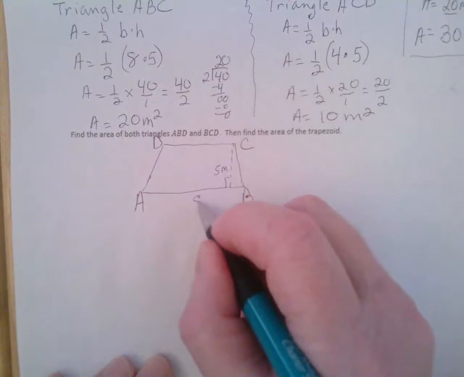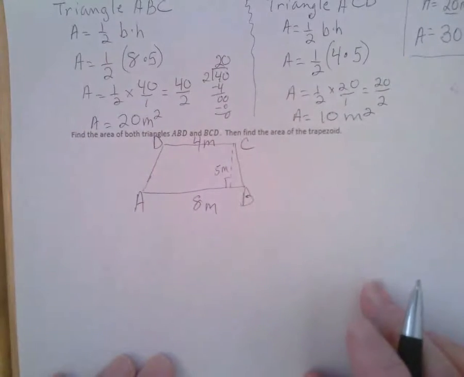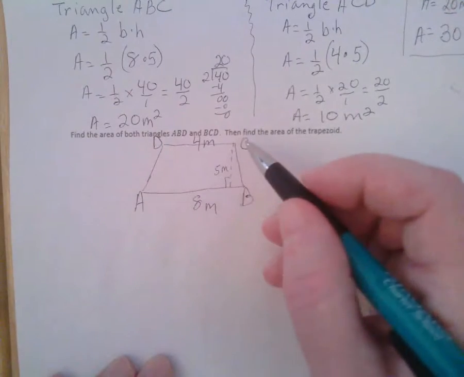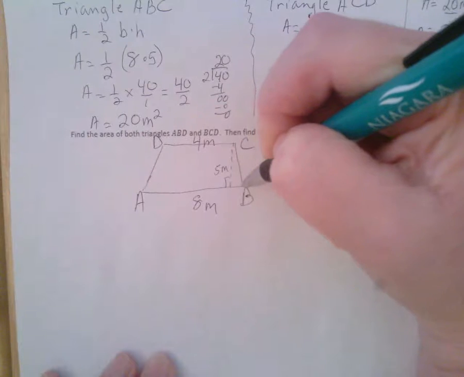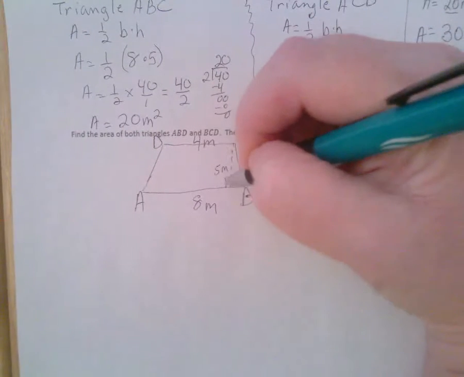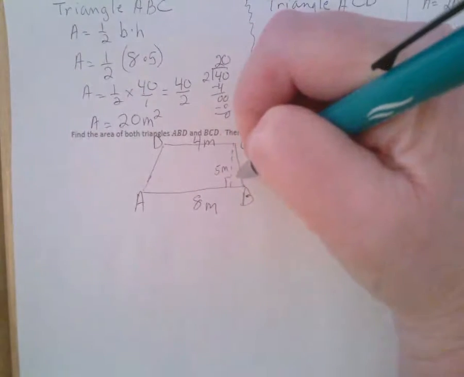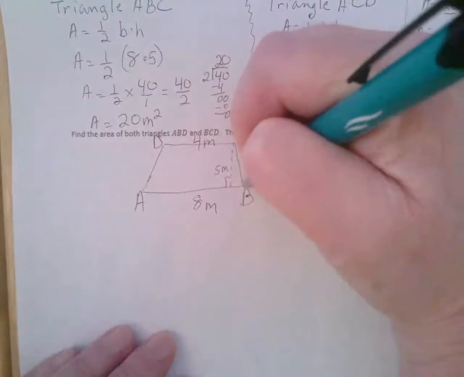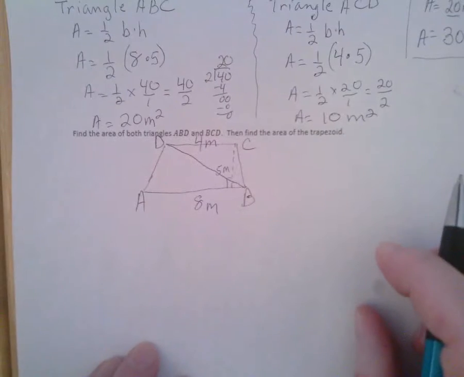And this was 8 meters, and this was 4 meters. This time, instead of putting a diagonal from A to C, we are going to draw our diagonal from B to D. Okay, so we're going to go from B to D.